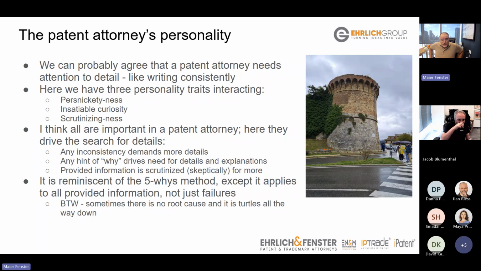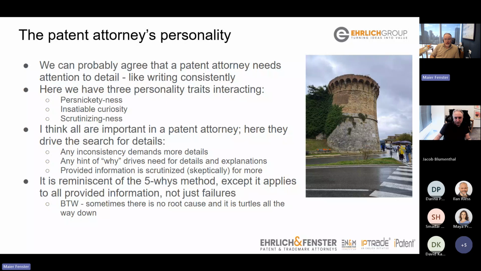I believe that in order to be a good patent attorney, it depends on your personality. I think a lot of people agree with that. They might not agree with what I think is important in a patent attorney. That's fine. But everybody probably agrees that a patent attorney needs to have attention to detail. For example, when they write, they should be able to write consistently.